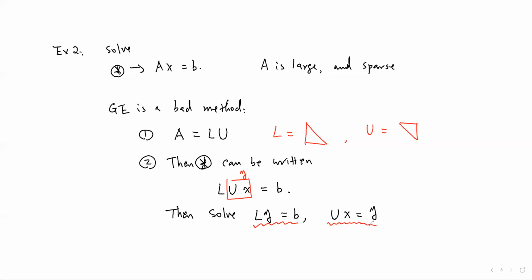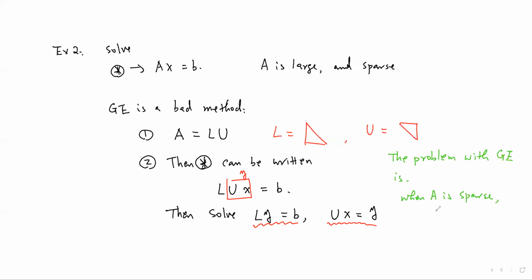Then what is the problem with Gaussian elimination? The problem is, when A is sparse, the storage of a sparse matrix is cheap.